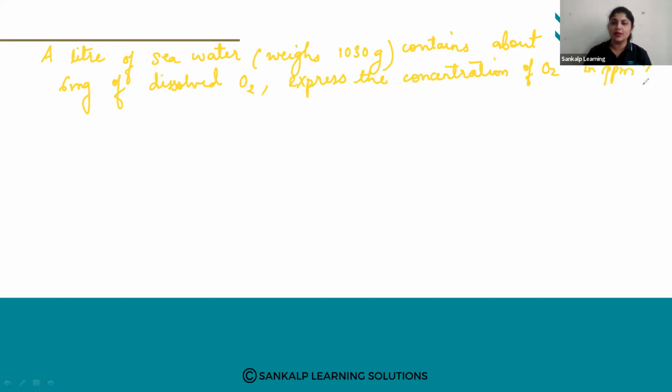So what did I say? When parts per million is used, the solute is present in very minimum or minute quantity. Now how do you calculate parts per million? You have to find the ppm of dissolved oxygen.